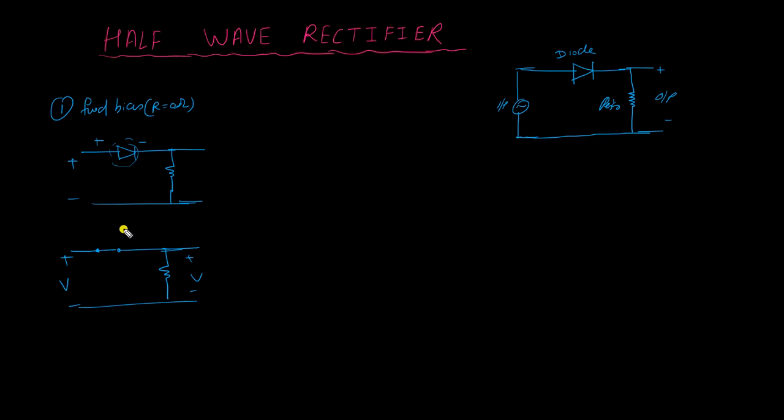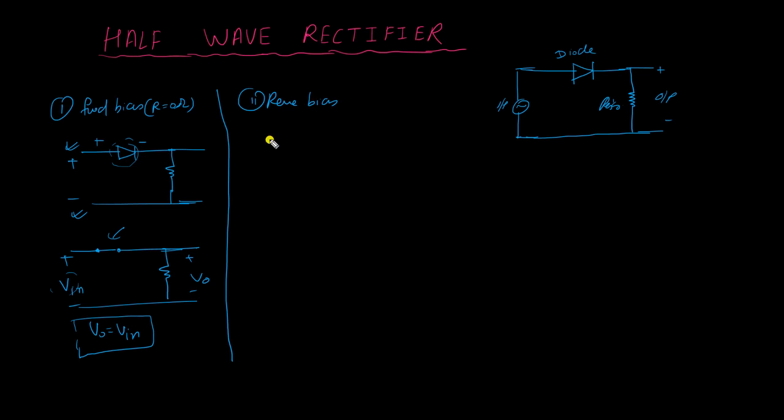Since there is no resistance in between, there is no drop, and all the voltage will appear at the output side. So here we can say that V output is equal to V in. This is for the situation of forward bias, that is, this side is positive with respect to this side. Now let's see the situation of reverse bias.